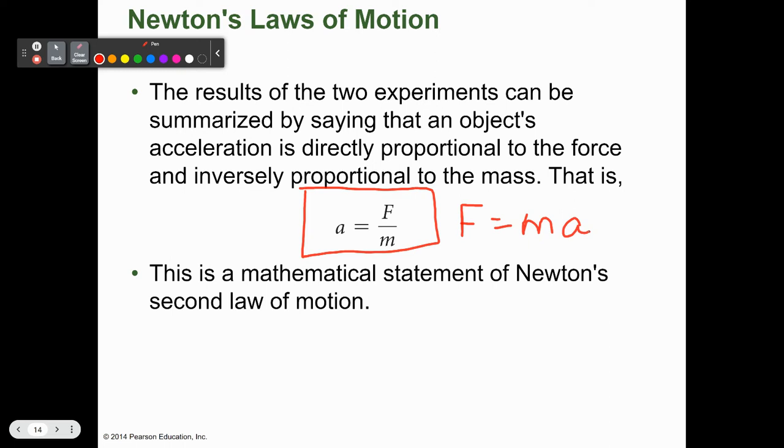And all we did with that is rearrange it to show that acceleration is directly proportional to the force and inversely proportional to the mass. So make sure that you write that down. Acceleration is directly proportional to the force and inversely proportional to the mass. And that is the mathematical expression for Newton's second law.